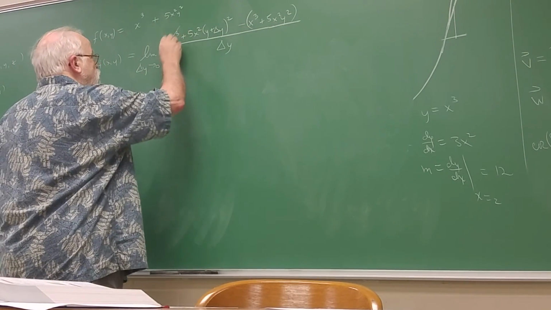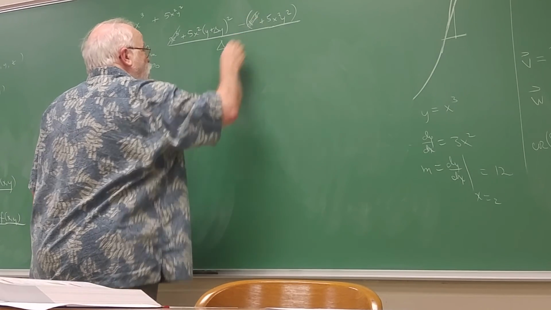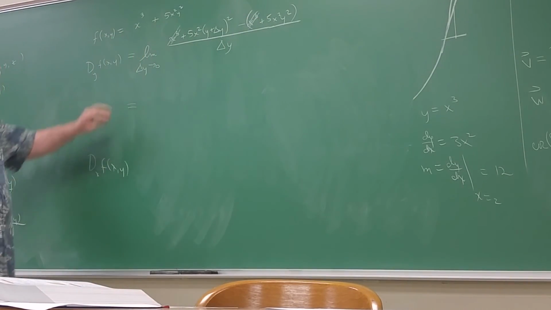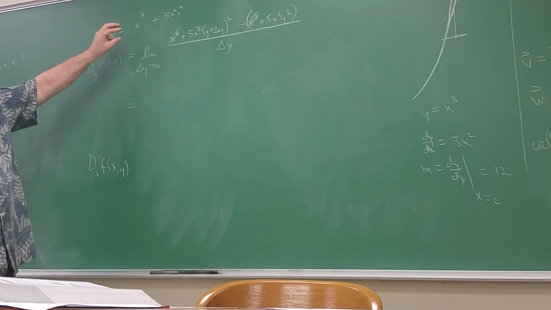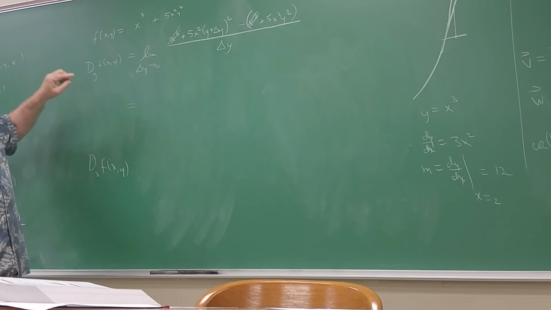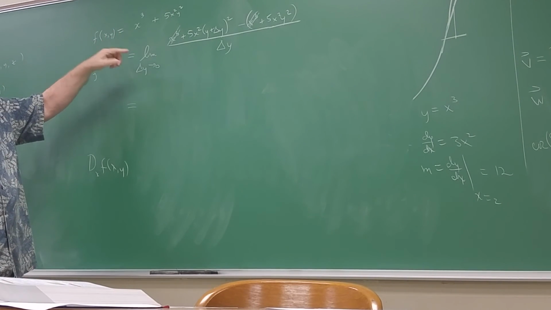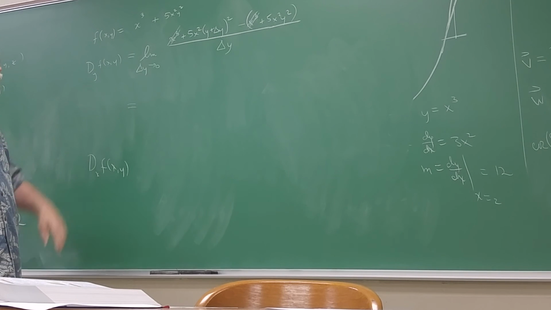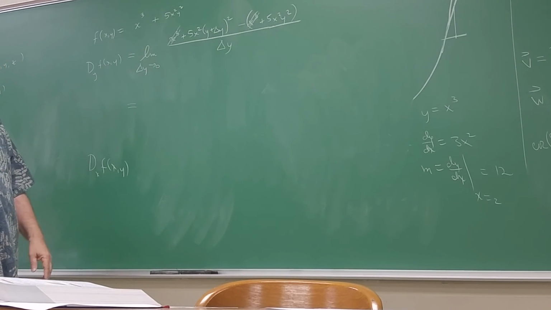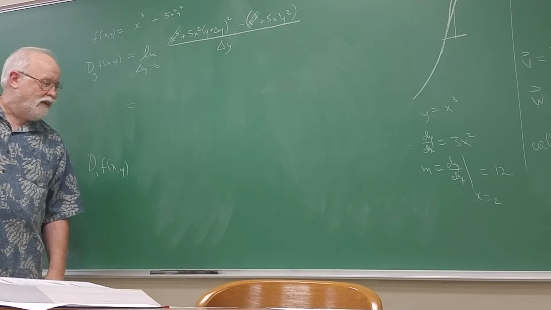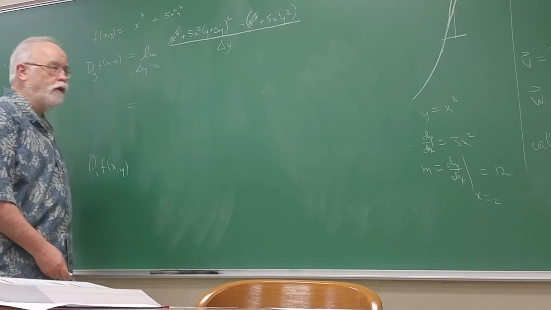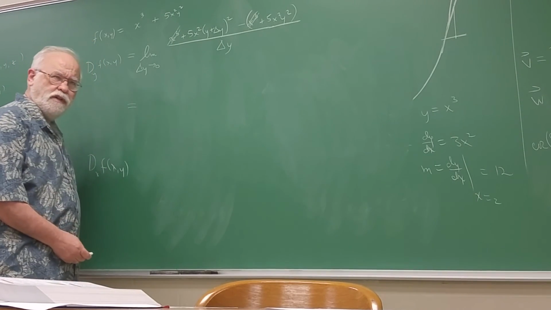Notice first, the x cubes cancel. The derivative of the x cubed part is going to be 0, because as far as the y is concerned, x cubed is constant, and therefore irrelevant. It's not irrelevant, it's in the problem.